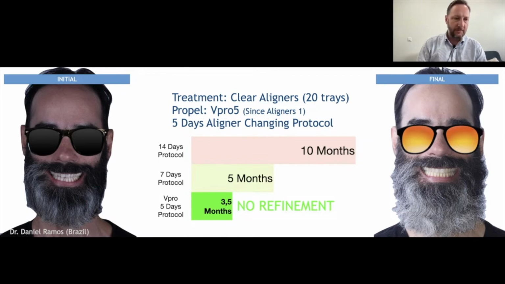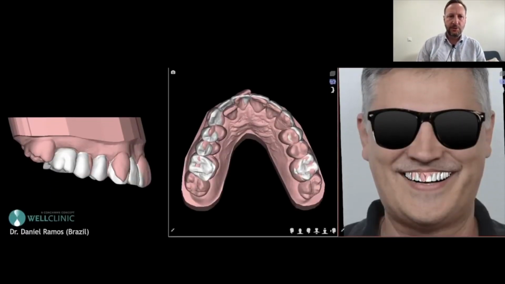So I was pretty much happy with this first case, and after this first case I was much more encouraged to recommend this to my other patients and start using it as a protocol. Because I was living in the south of Brazil, and because I started using this technology, I started giving lectures about aligners, acceleration, and I helped Propel at the time in Brazil to come to my country.